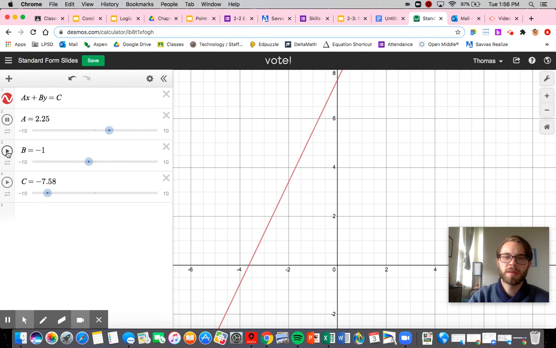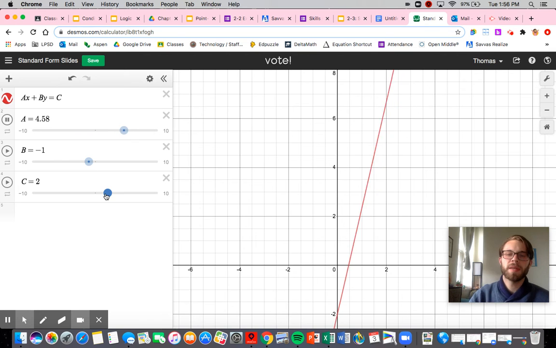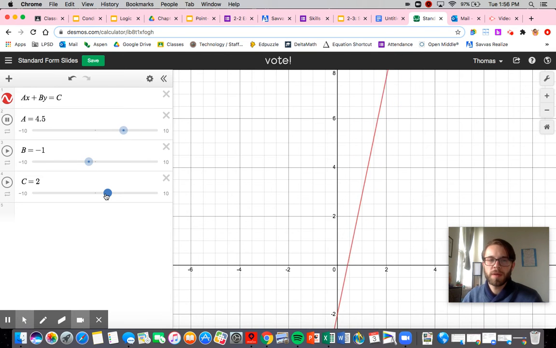So let's stop two of these. Okay. So I made C 2, I made B -1. And what do you notice about A? It never really gets vertical, right? It doesn't get perfectly vertical, but there is a short moment that you end up with a horizontal line.